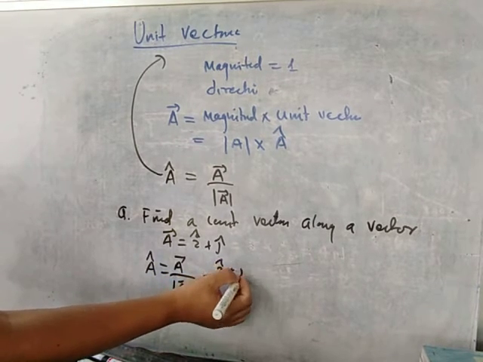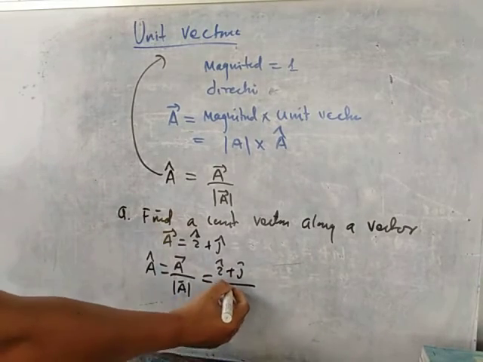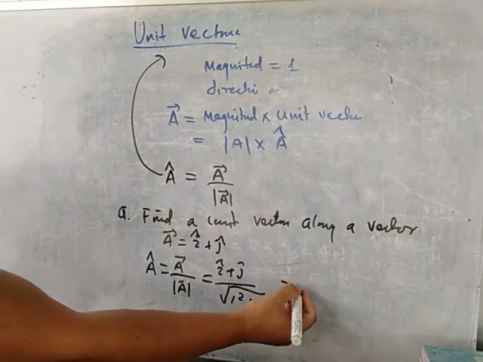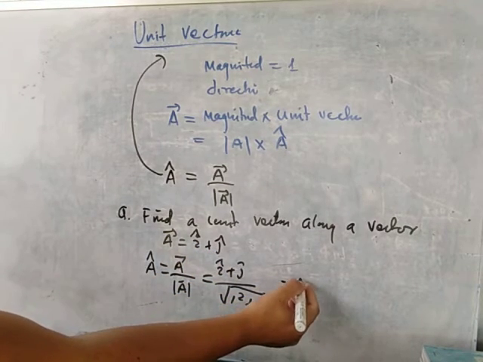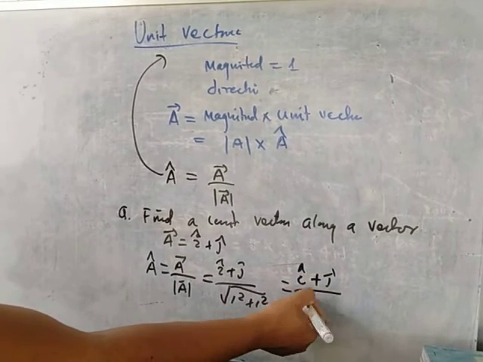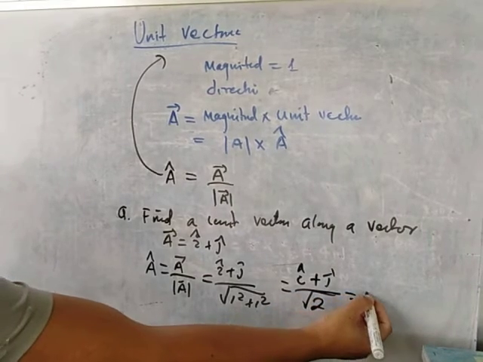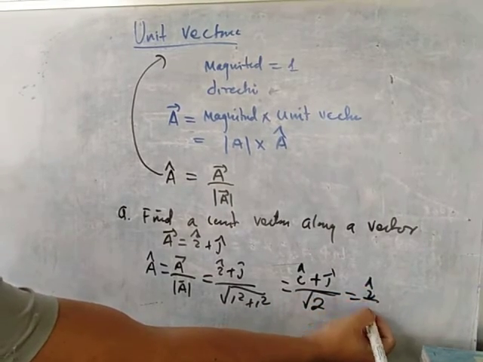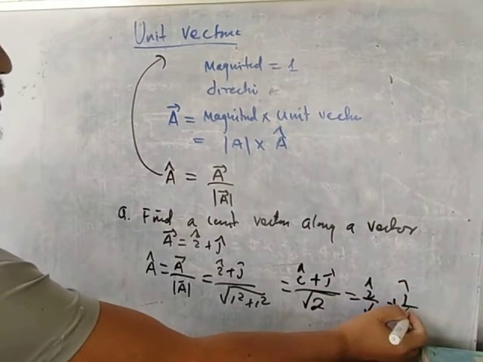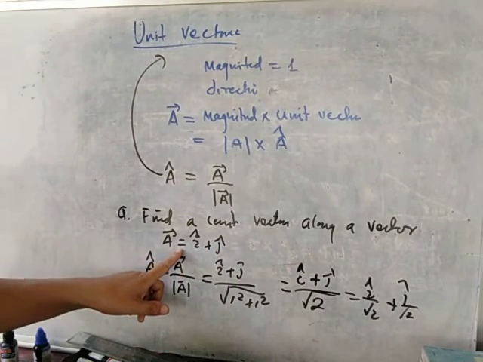I cap plus j cap, isn't it? So next mode, you know, isn't it? Mode, how to find? So 1 square plus 1 square equals to how much? I cap plus j cap, divided by root 1 plus 1, root 2. So this I cap divided by root 2 plus j cap divided by root 2. So this is the unit vector of this particular vector.